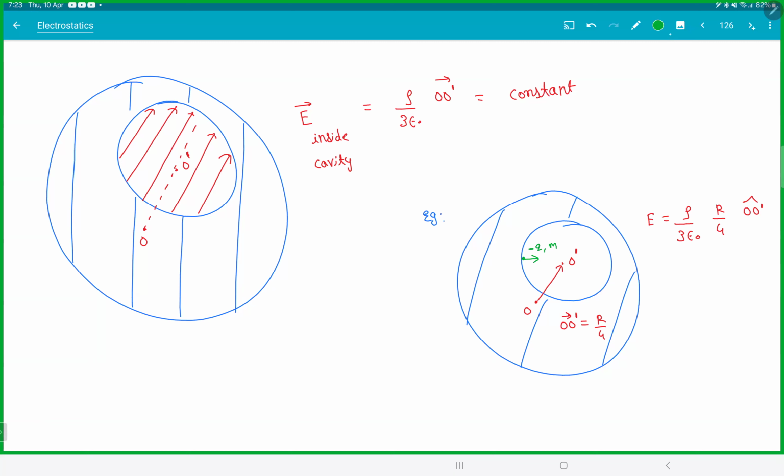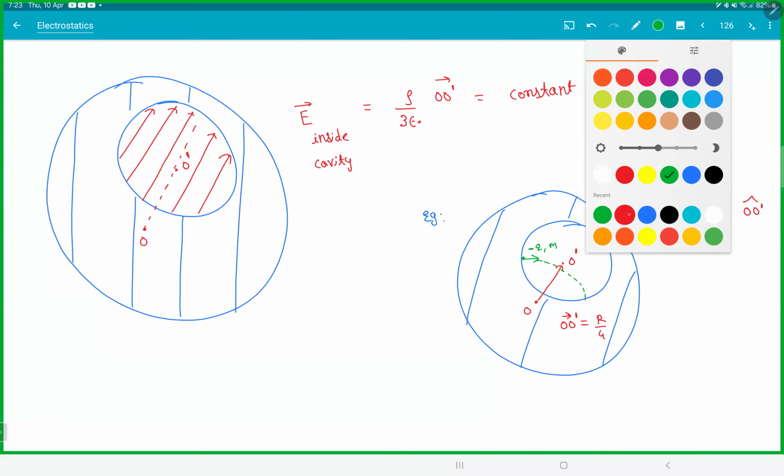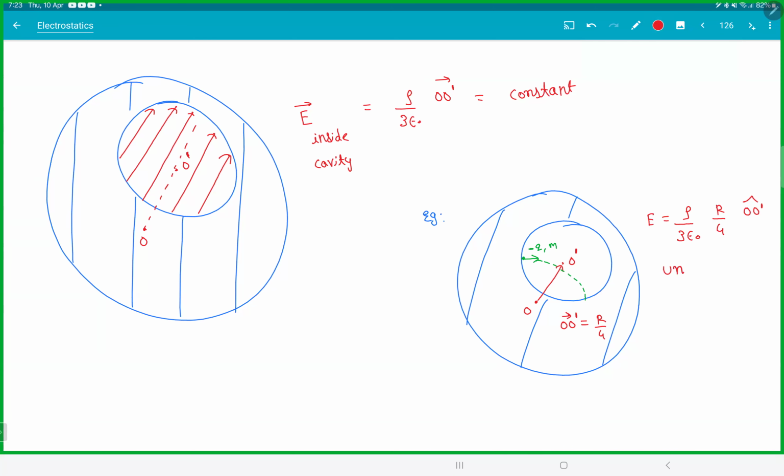Because the field is uniform, this will behave like constant gravity. So it becomes like projectile motion, and the path would be a parabola. If you project it along the field, it can be a straight line also. Is that clear? So you can play questions like that.